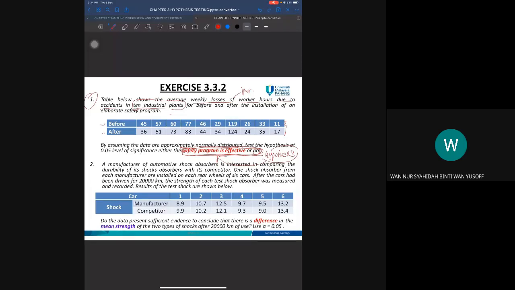So how do we know in this experiment the safety program is effective?